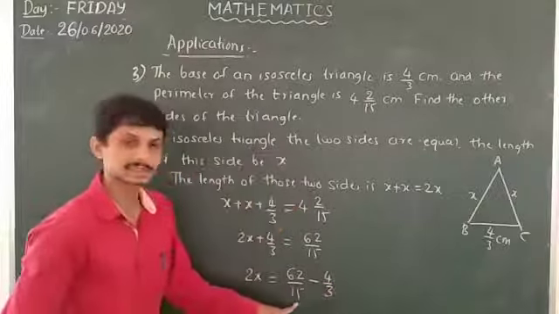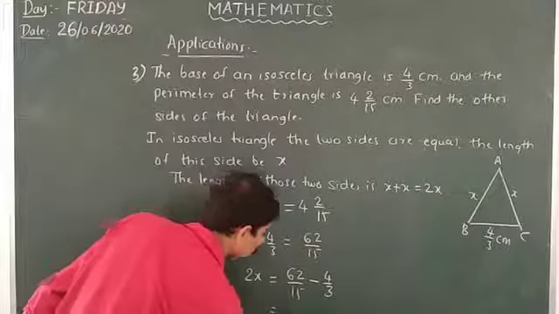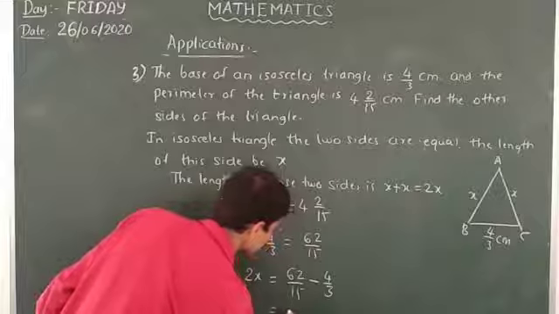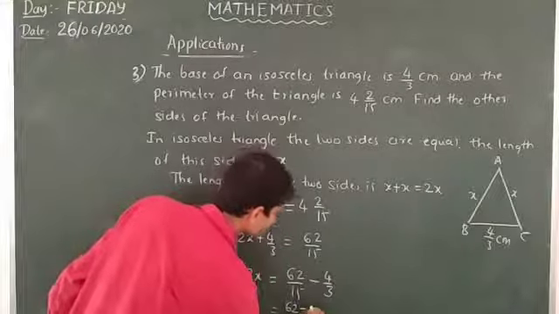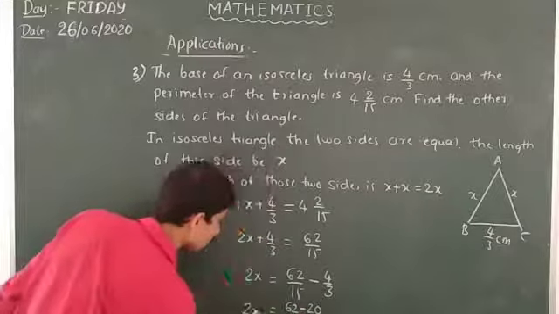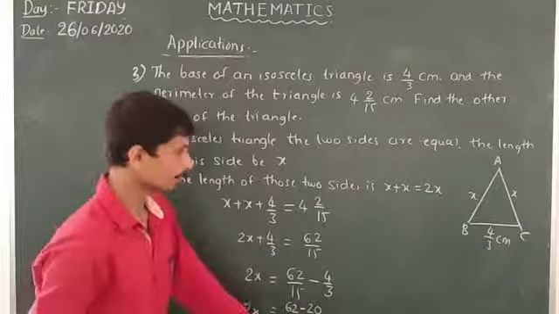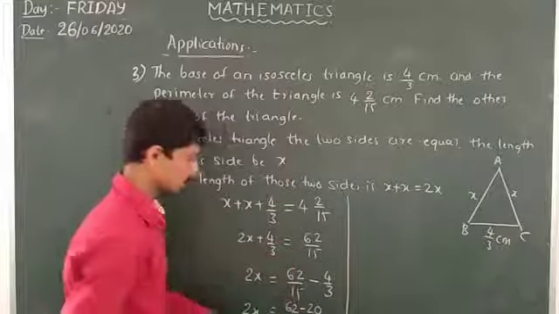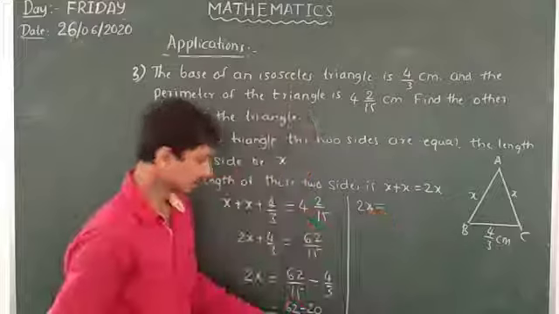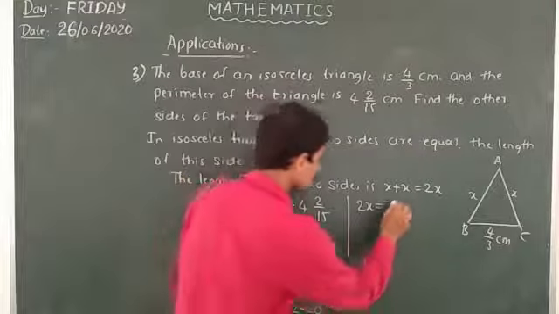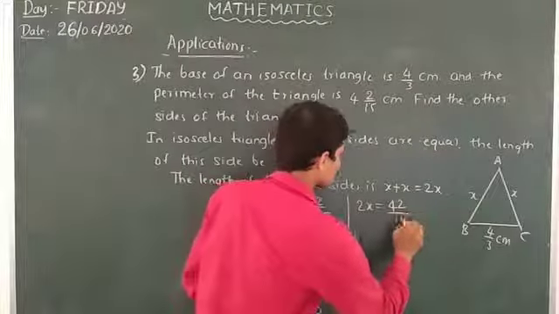We have to take the LCM here, LCM is 15. So we got 62 minus, we have to multiply with 5, is equal to 20. So 2x is equal to 62 minus 20 by 15, that is 42 by 15 here.